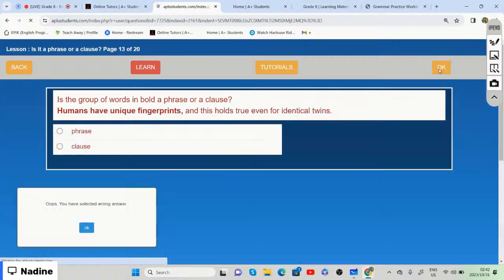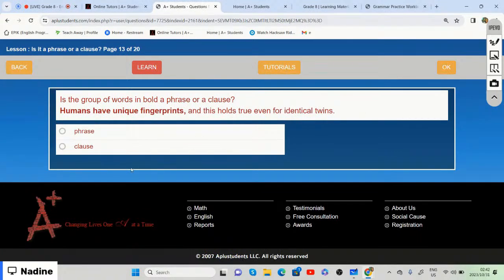All right. And then you have unique fingerprints. And this holds true even for identical twins.